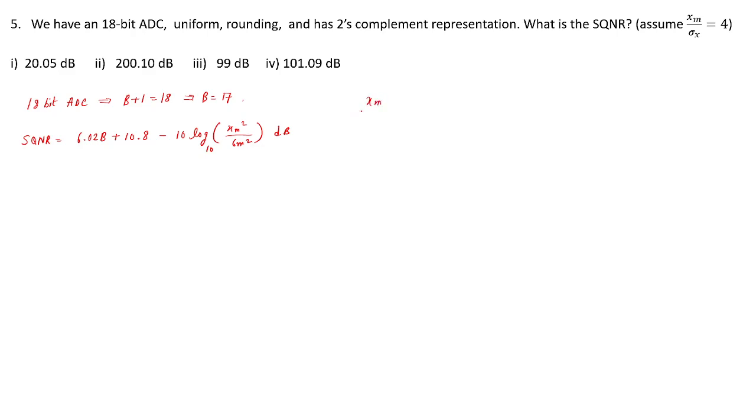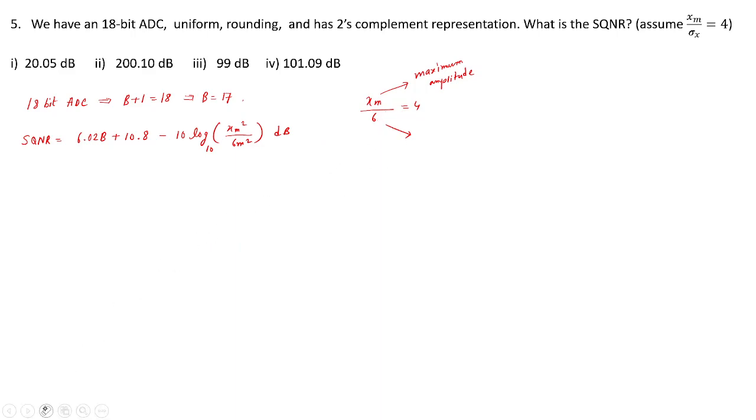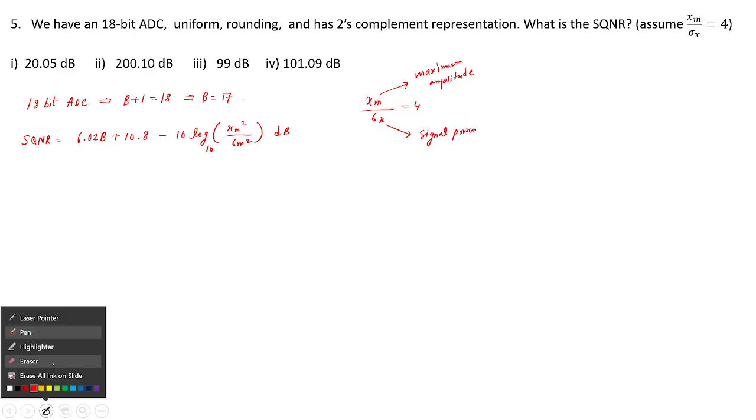Now in the question it is already given the ratio between xm by sigma x is equal to 4, where xm is the maximum amplitude and sigma x is the signal, not power actually, signal standard deviation.